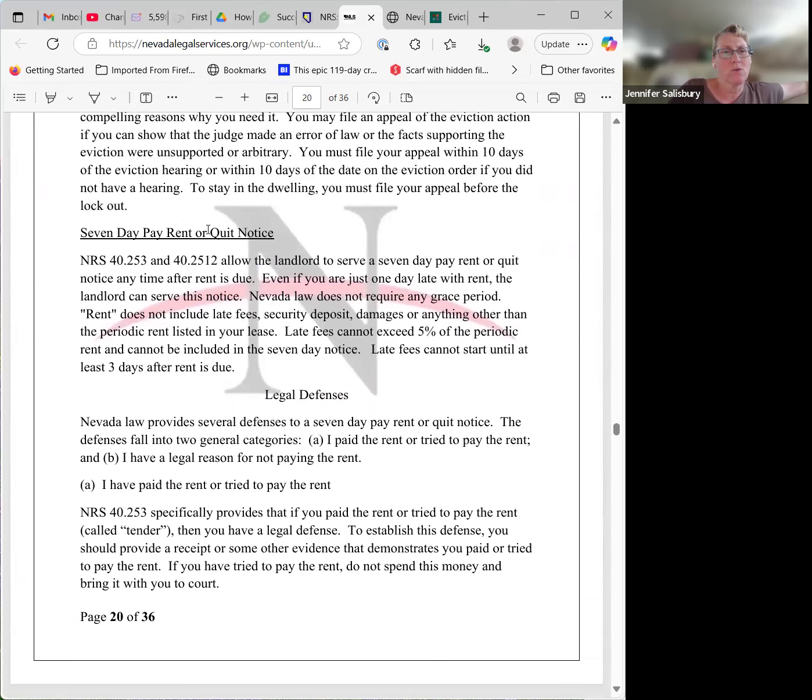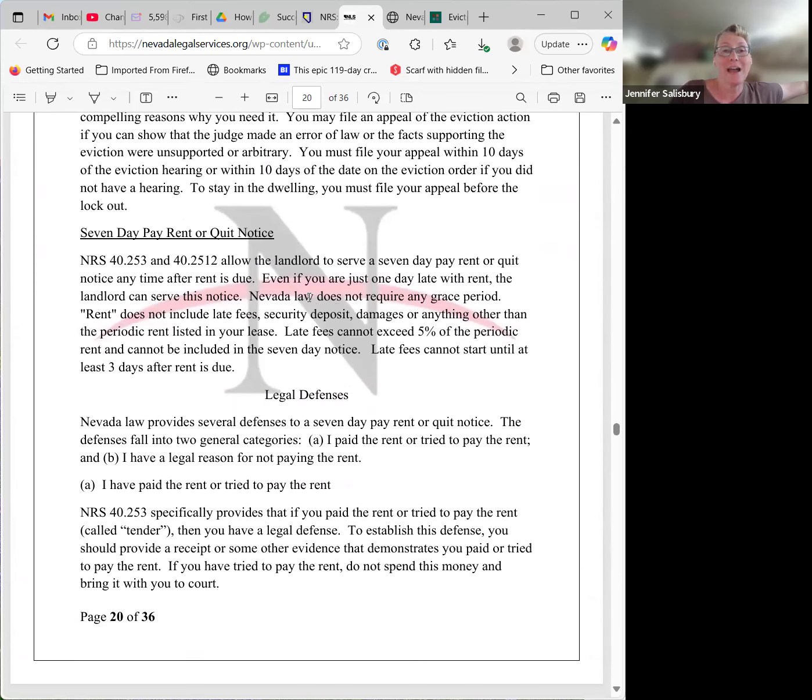7-day pay, rent, or quit notice. So this will allow the landlord to serve a 7-day pay, rent, or quit notice at any time after the rent is due. So if the rent is due on or before midnight on the 1st, on the 2nd, they could technically issue a 7-day pay, rent, or quit notice. Even if you're just 1 day late with rent, the landlord can serve this notice.